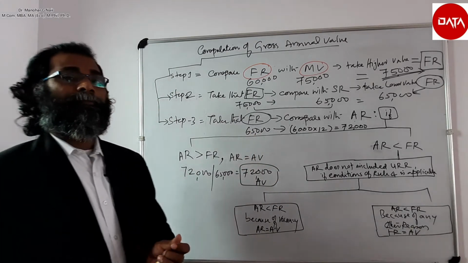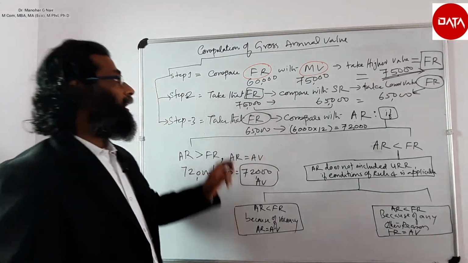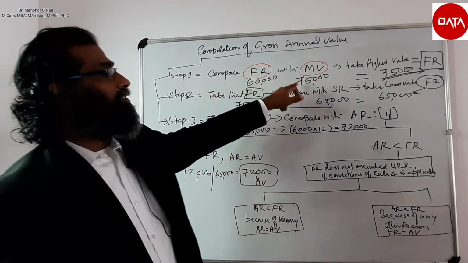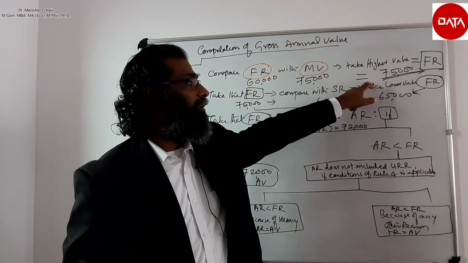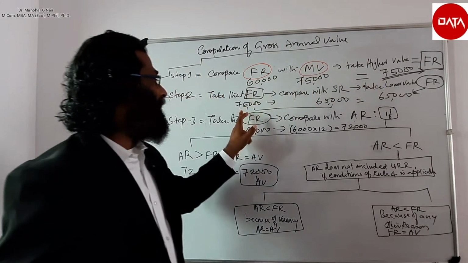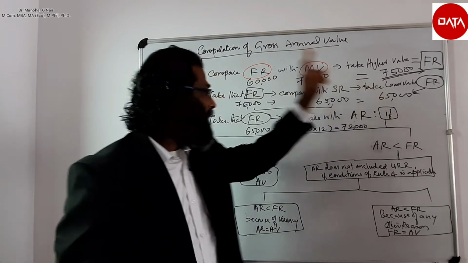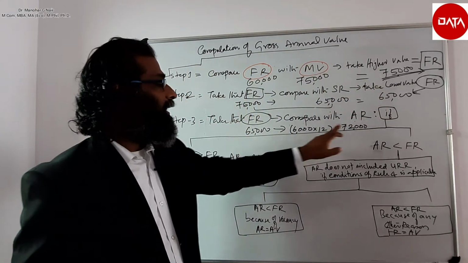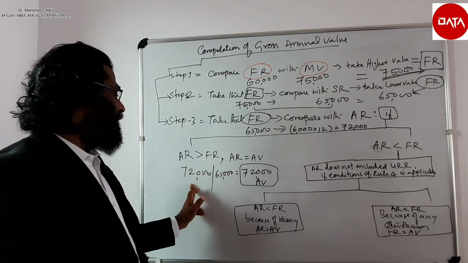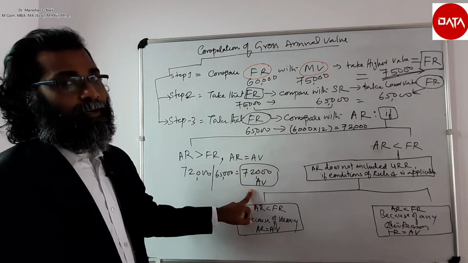Hope this is clear. I would repeat: compare fair rent with the municipal valuation, take the higher value. Compare that fair rent with standard rent, take the lower value. Compare that fair rent with actual rent; if actual rent is more, then that actual rent is the annual value.